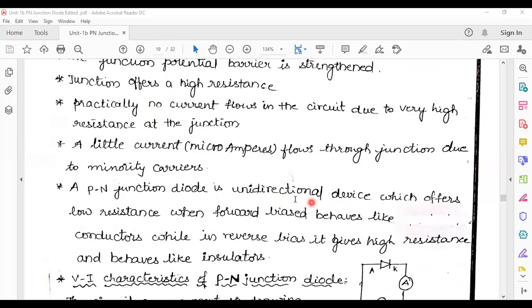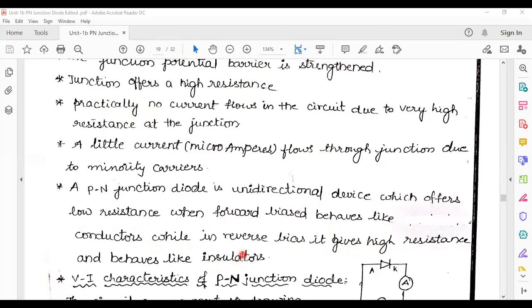Therefore, I can consider this carrier flow as electron flow. A PN junction diode is a unidirectional device which offers low resistance when forward biased and behaves like a conductor, while in reverse bias it gives high resistance and behaves like an insulator.